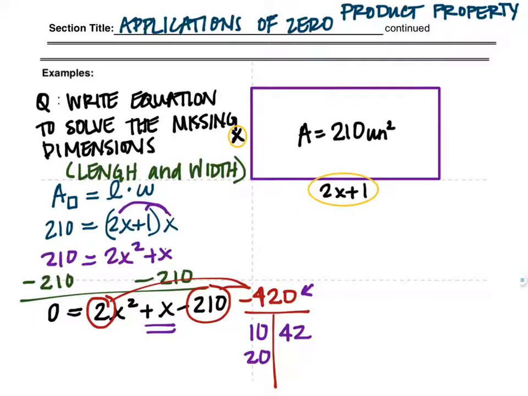When I divide 420 by 20, I end up getting 21. And if I subtract them, that would in fact give me 1. In order for it to be a positive 1, I want the smaller number to be negative. So I'm going to pop in some negative signs here. And lo and behold, that's the one that I want to use.